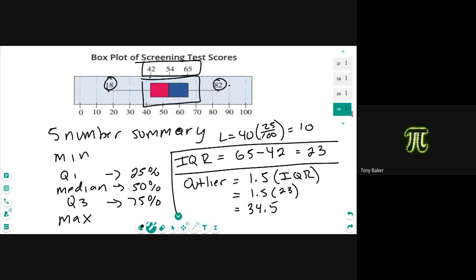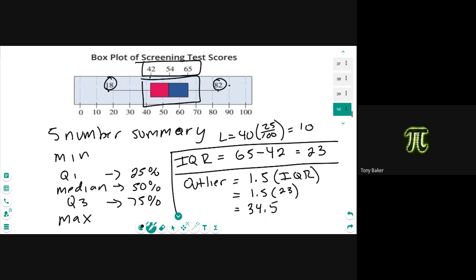So your outliers are going to be those added to your Q3, or subtracted from your Q1. The outlier is 1.5 times whatever your interquartile range is. It's always 1.5 times whatever your interquartile range is. That's why it's so important to find that interquartile range.